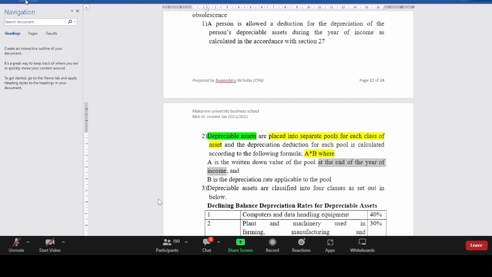This is another key word. Let me give you an example. During a year of income, we can sell off some assets in that pool, we will not depreciate them. We will consider what is the remaining balance in that pool at the end of the year.